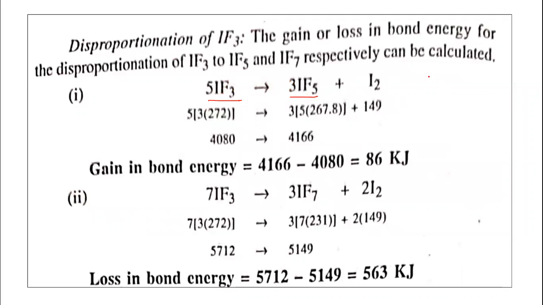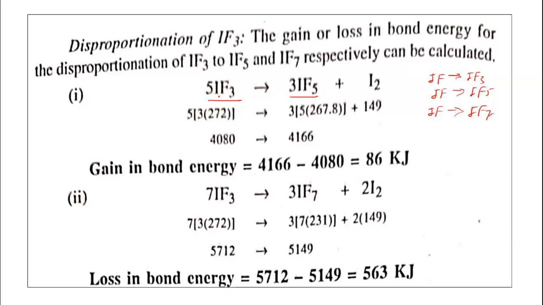In previous cases, we have seen IF to IF3, IF to IF5, and IF to IF7 disproportionation. But now here the disproportionation is from a higher to another higher interhalogen compound, IF3 to IF5. So take 5 molecules of IF3 and it is converted to 3 IF5 molecules plus I2. This is the product here.